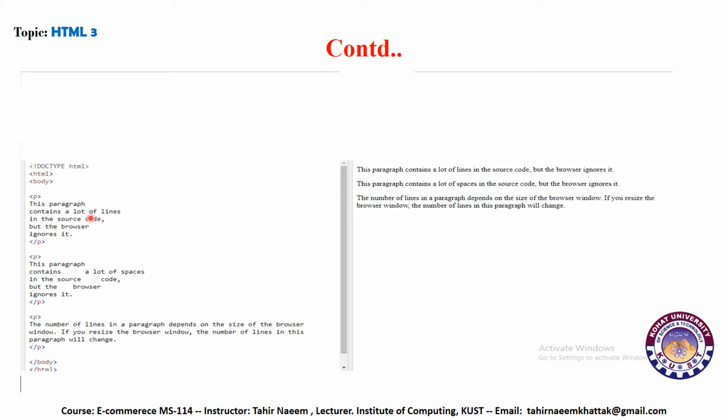No matter how much I have written in new lines, or like here where I have inserted a space, it will not show the space. The browser will ignore it if I insert spaces or lines, as I have mentioned in the previous slide. Whatever I have written in the paragraph will be displayed on the same line.